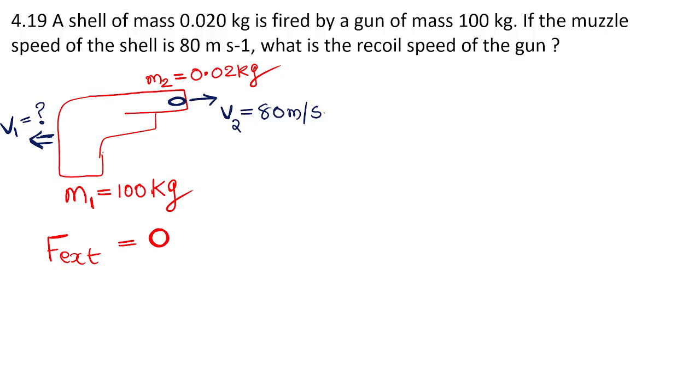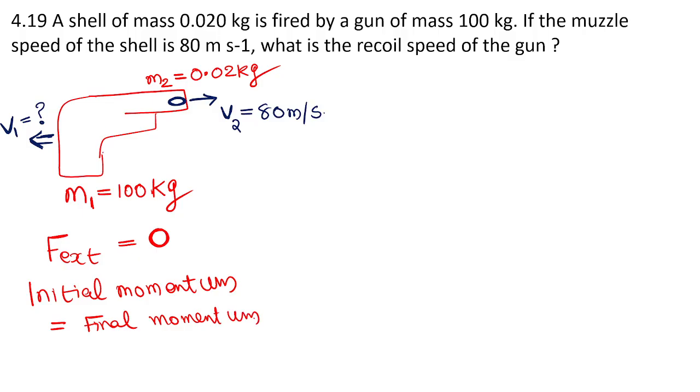If the external force is 0, the initial momentum of the entire bullet-gun system is equal to the final momentum of the bullet-gun system. That is said to be conservation of momentum. I discussed plenty of questions on it in the previous classes. All of you clear? Nadasha, Aaron, Aryan, Rakshana, all of you clear?